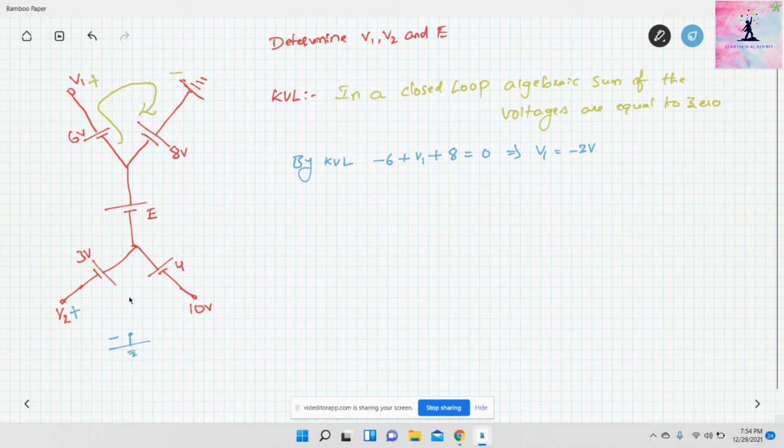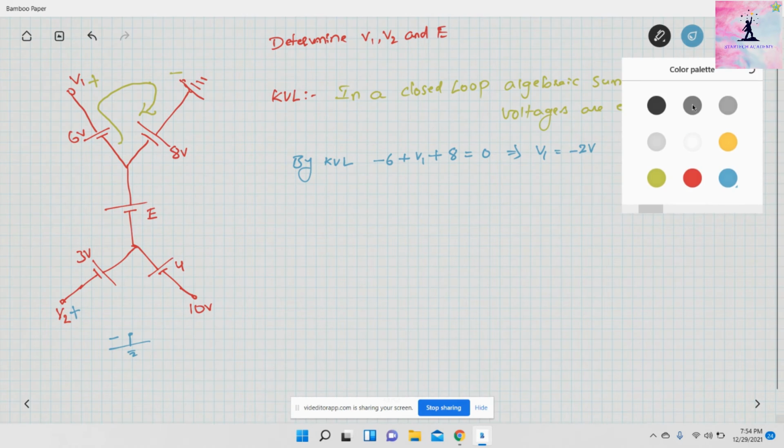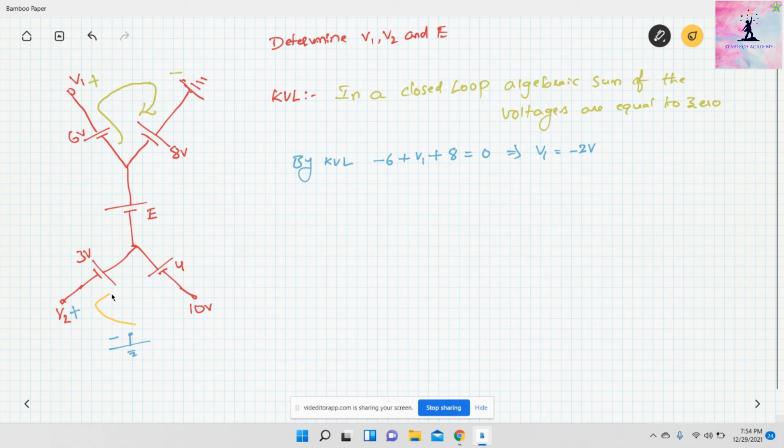So I need to form a loop now. So in this direction, I am applying KVL. Means I am forming a loop here like this. So by KVL, minus V2 minus 3 plus 4, see 10 volts.